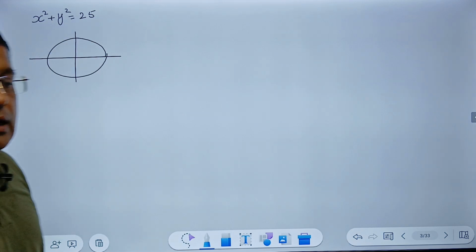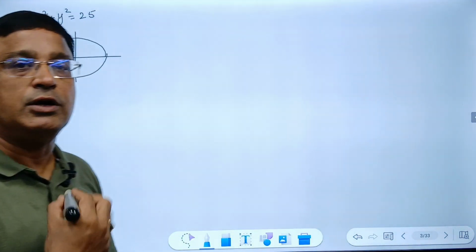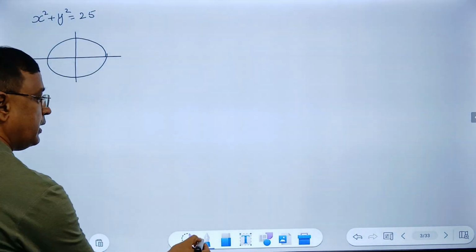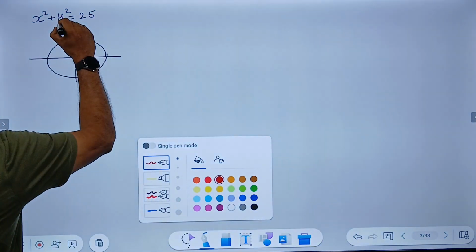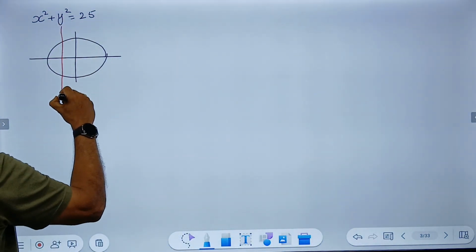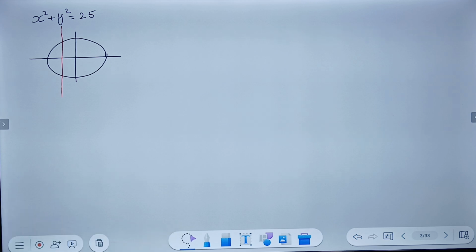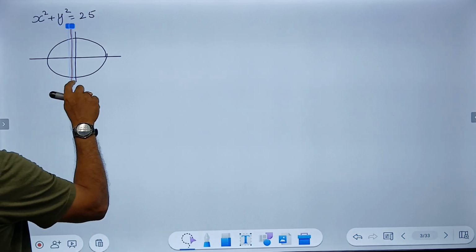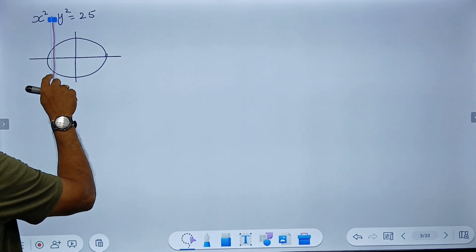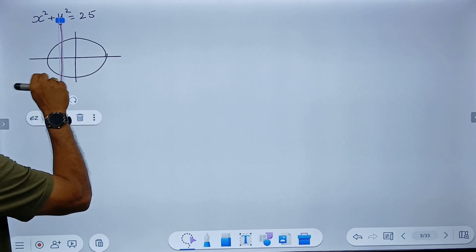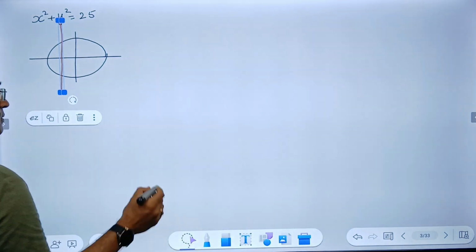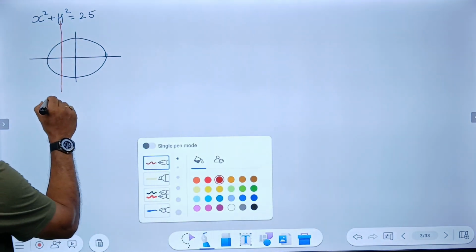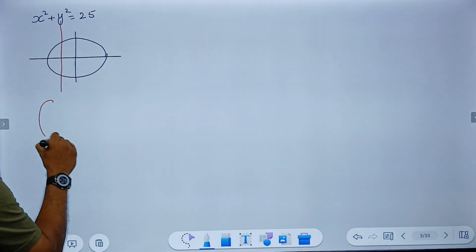Can I make a statement that this is a function? No. Why? Because we have something called the vertical line test. If I draw a vertical line, you can see clearly when the vertical line is moved, the vertical line intersects the curve at more than one point.